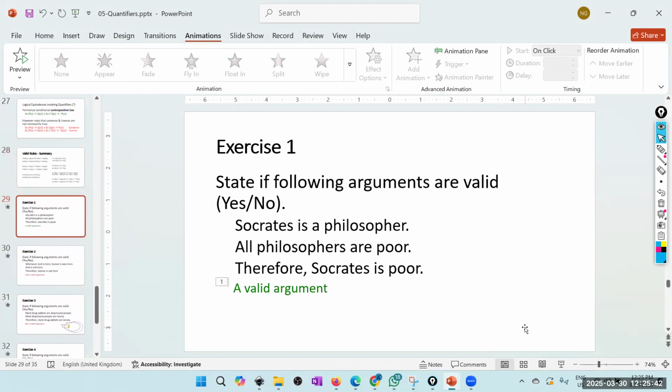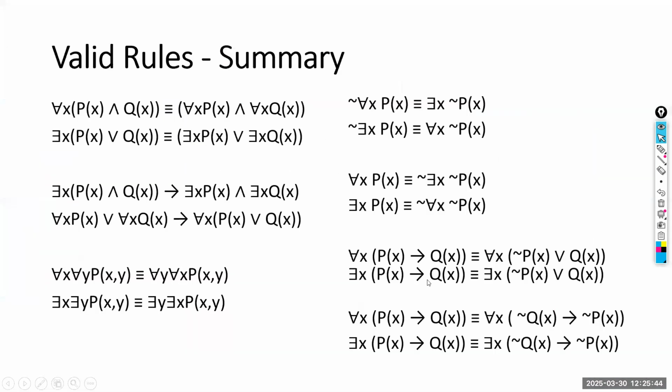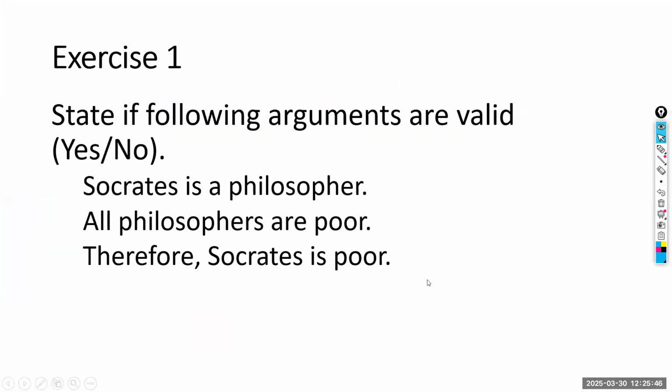Let's do it. So this is just to check your gut feeling, because here we use the words all, some. Use your gut feeling, right? Forget about the theory. Use your gut feeling, because your gut feeling must also improve when you learn more and more logic and so on. Okay. Socrates is a philosopher. Assume that these are correct.